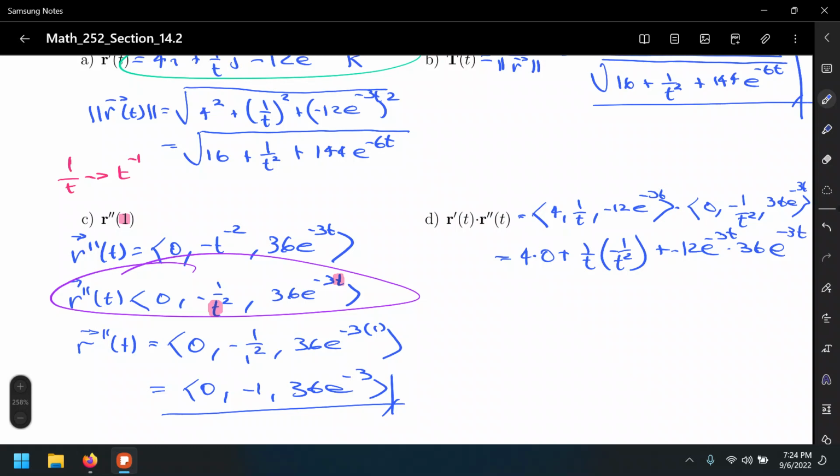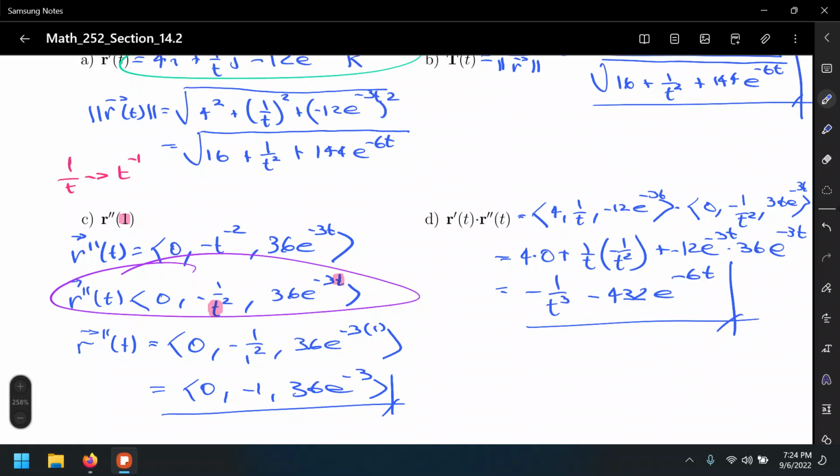And recall that the dot product between two vectors is not another vector, but a scalar in this case. So 4 times 0, which is 0, minus 1 over t cubed, and 12 times 36, I have it to be negative 432. E to the, well, we have the same base, which is e. We add the exponents when we multiply, so this becomes negative 6t. And that's the dot product of the two vectors.